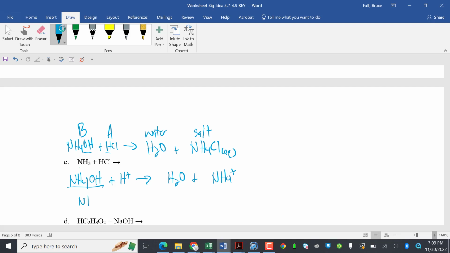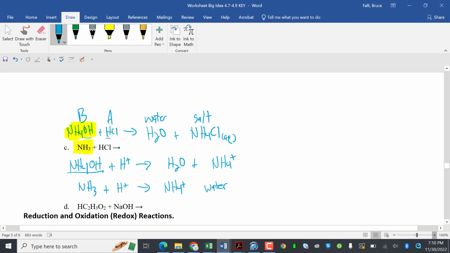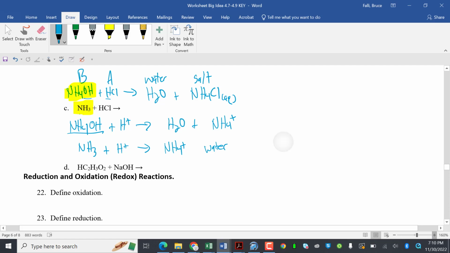If I kept it as NH3, which is okay, but more confusing, and did this with H positive, then I would get NH4 positive, and that's it. Okay, so both of those are okay, but it's hard to show the water on here. So do you see why it is oh so advantageous to think of NH3 and NH4OH as your parents and Santa Claus?